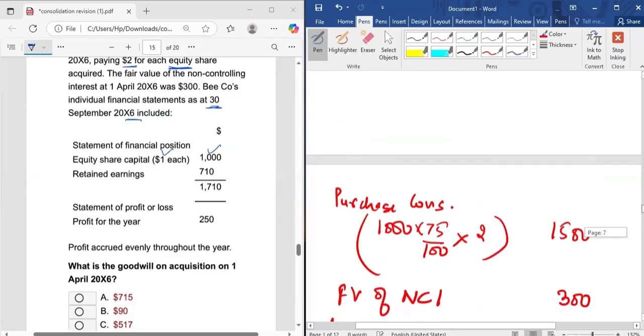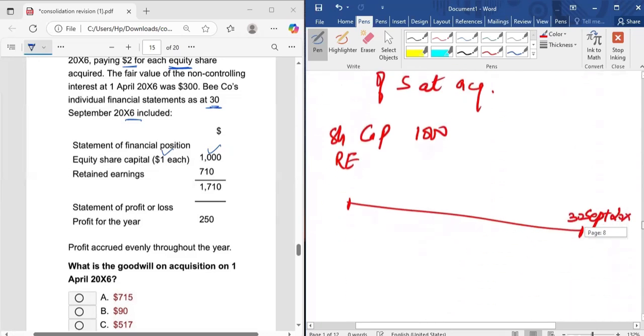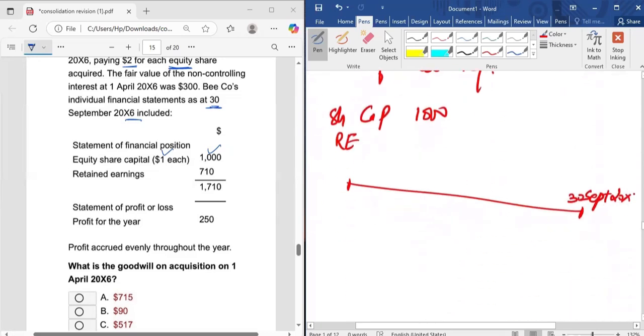So the year start would be October 1, 20x5. And acquisition took place on 1st April 20x6. So it means October, November, December, January, February, March, that is 6 months. So pre-acquisition months are 6 months and post-acquisition months are also 6 months.